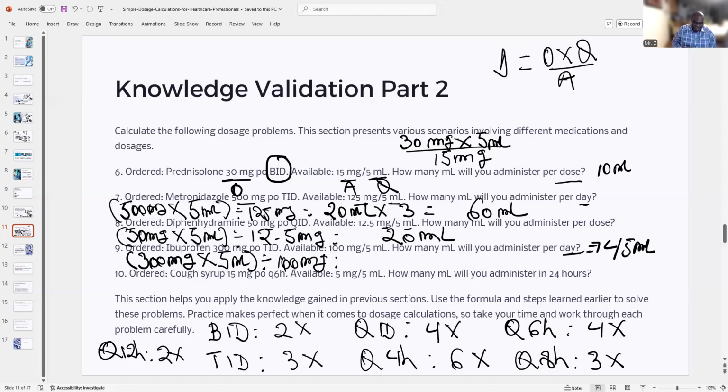So when you do 300 times 5 divided by 100, you have 15 ml. But they ask what would you give per day? So you will multiply that by your frequency, which is TID, multiply by 3, and you will have 45 milliliter. Let's look at number 10.